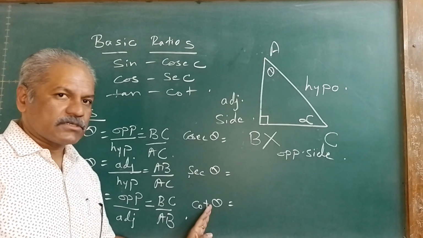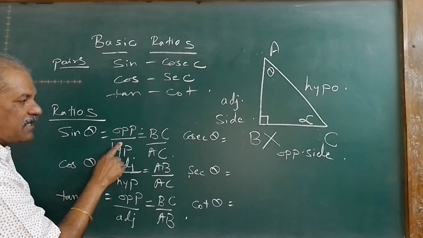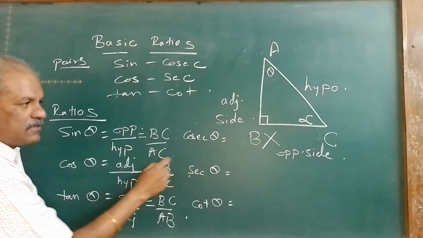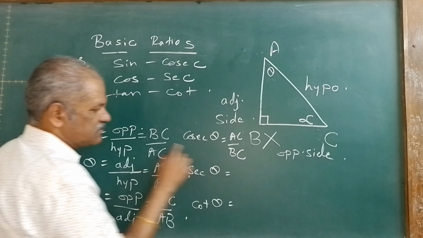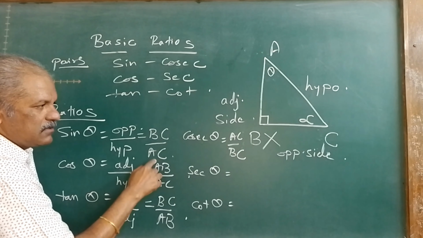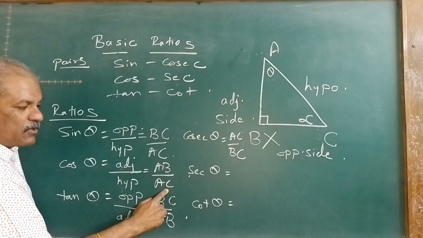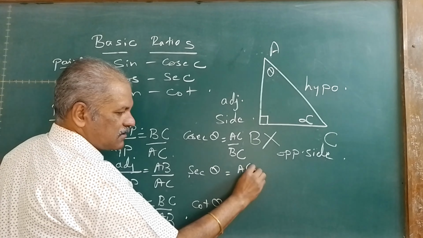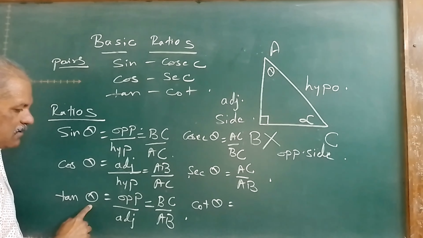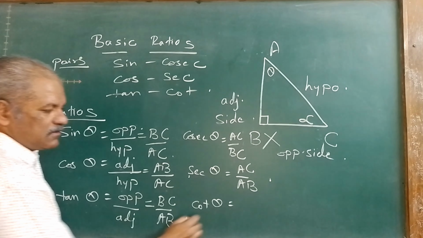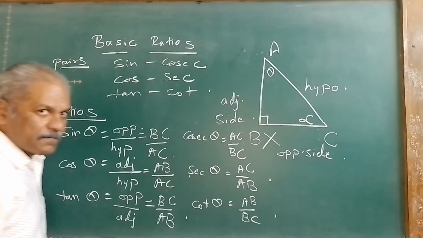And tan and cot will be inverse of each other. That means sin theta is what? BC upon AC. So cosec theta will be AC upon BC. See, reciprocal, inverse. Cos is AB upon AC. So sec will be AC upon AB. Tan is BC upon AB. So this answer will be AB upon BC.